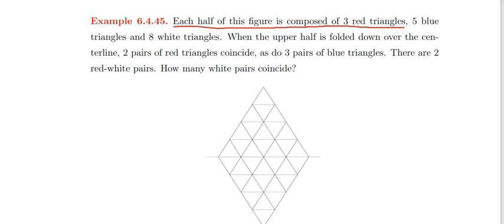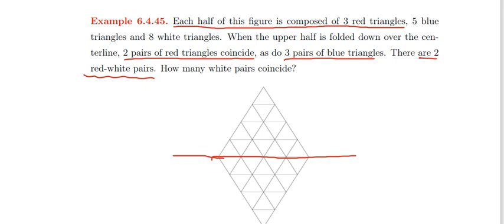When the upper half is folded down over the center line, we find 2 pairs of red triangles coincide, 3 pairs of blue coincide, and there are 2 red-white pairs. So we want to find how many white pairs there are.